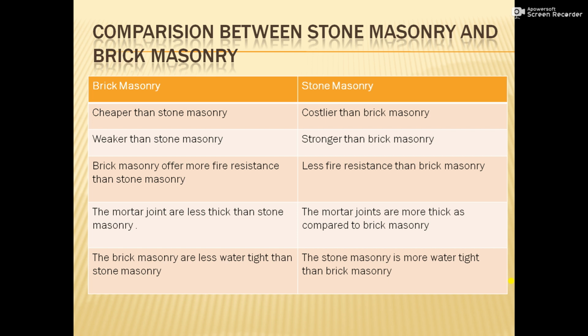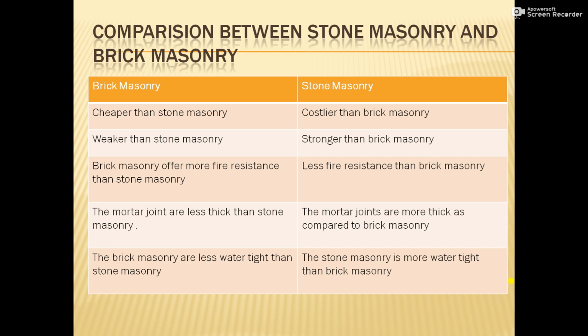The stones are quarry stones, made from igneous or metamorphic or sedimentary rock, and because of that those stones have a greater strength compared to brick. So brick masonry is weaker as compared to stone masonry.